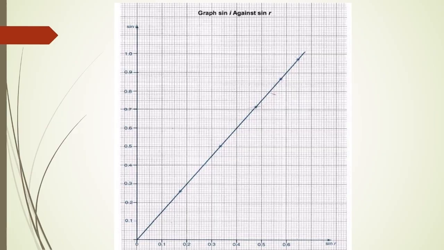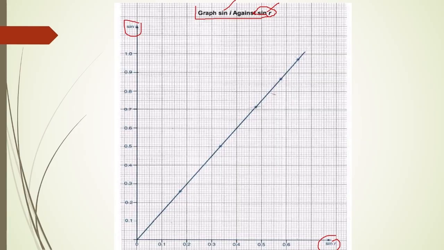Having already tabulated our results in the table of values, we need to plot a graph of the sine of the angle of incidence against the sine of the angle of refraction, that is, sine of I against sine of R. In that graph, we shall have sine of I on the vertical axis against sine of R on the horizontal axis.